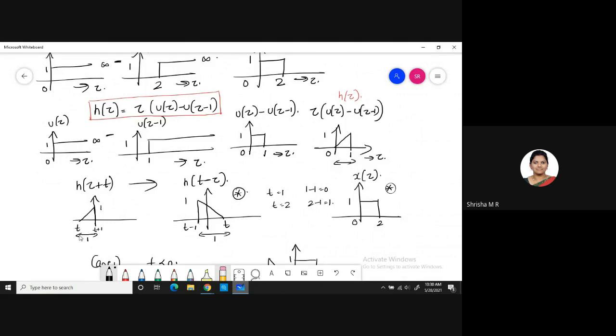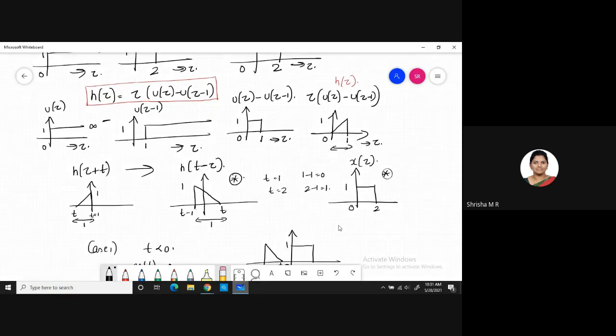Okay, I'm taking t and t plus 1, because I'll be varying this signal. So time reverse that, you will get a signal like this, t to t minus 1. You have to observe one thing here. The width is 1 unit. Here also it is 1 unit. If I time reverse, also it is 1 unit. The width of 1 unit is maintained. Okay, so I'm fixing this and varying this term with respect to this.